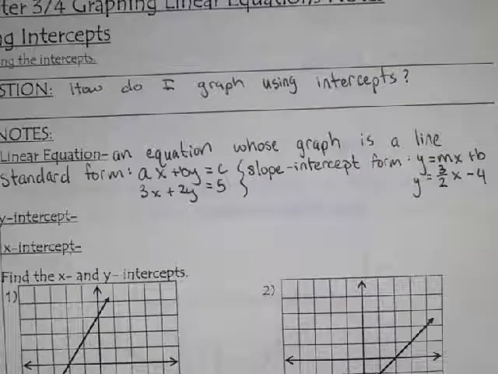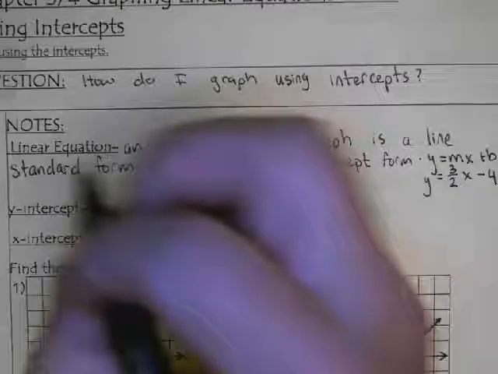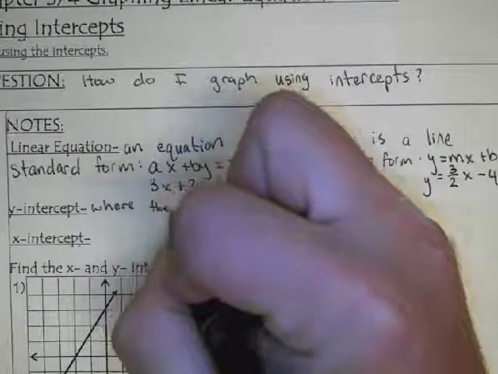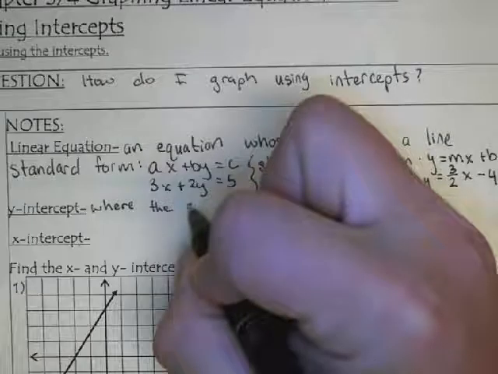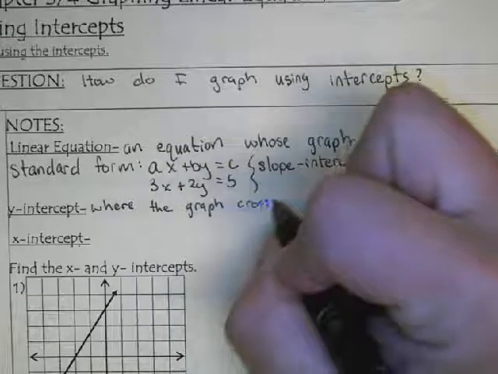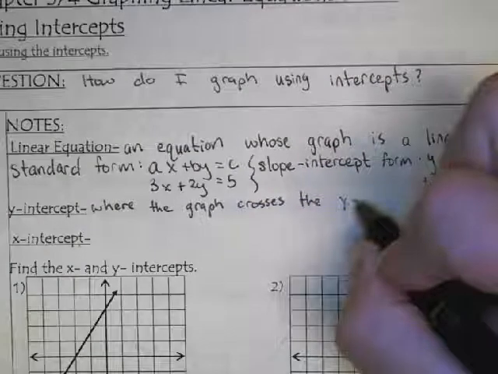So to graph using intercepts, we need to know what an intercept is. A y-intercept is where the graph crosses the y-axis.